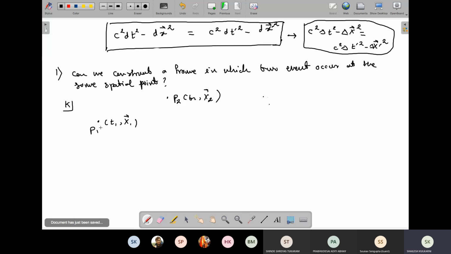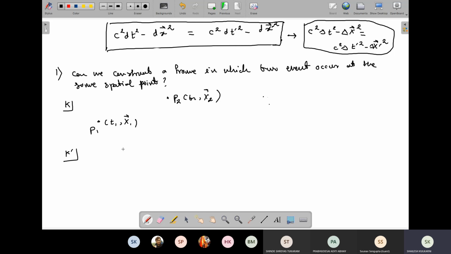We assume first that there are two events occurring at two different spatial points, x1 and x2. Now, is there any frame, say K prime, in which these two events occur at the same spatial point? You can find the answer in the following way.